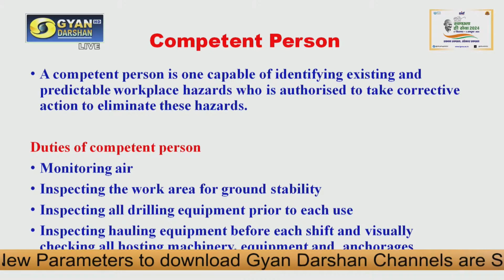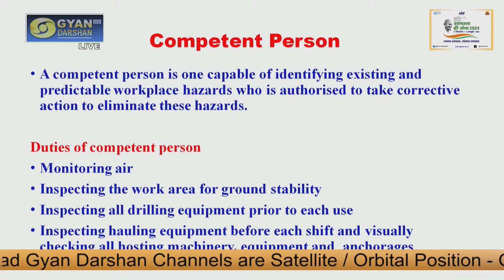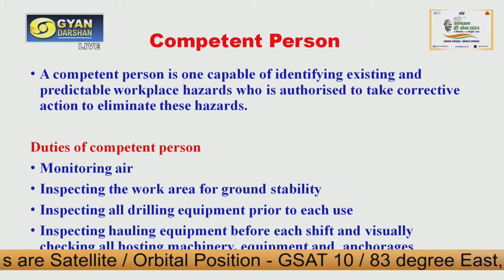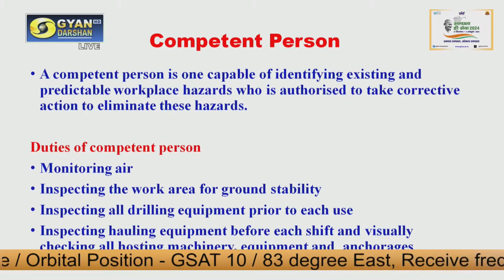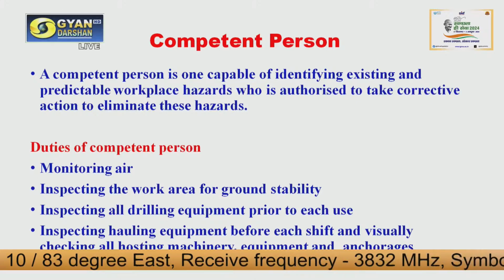It means this person is especially trained in safety operations, who can predict and identify hazards, and can make proper provisions to avoid any accident because of the presence of some risk in that working area.